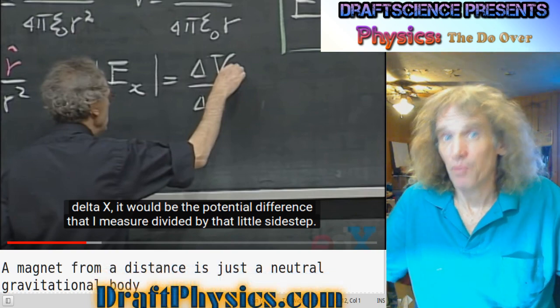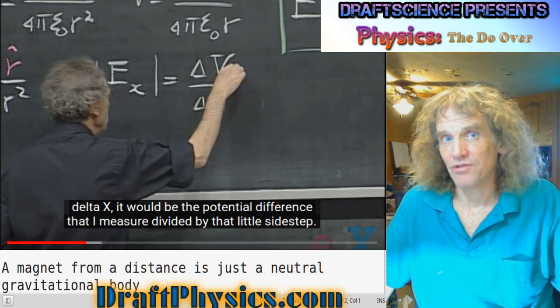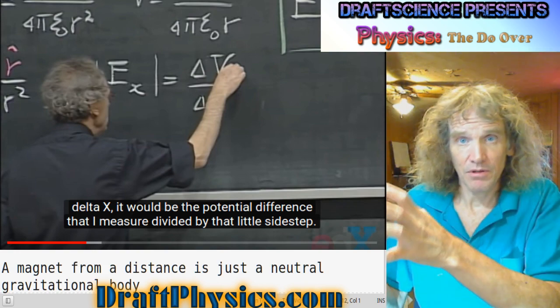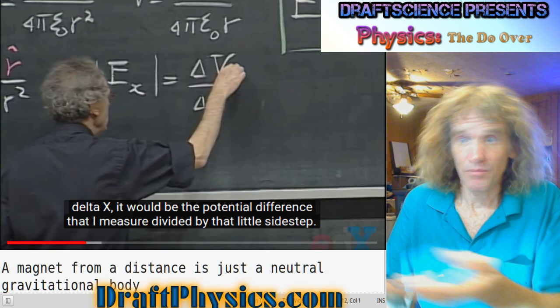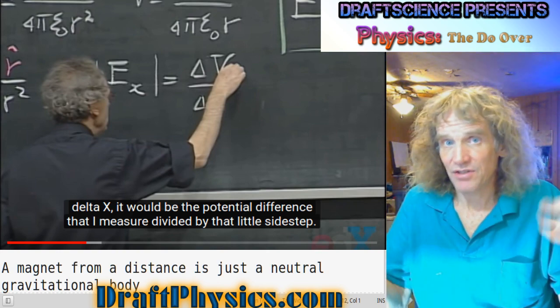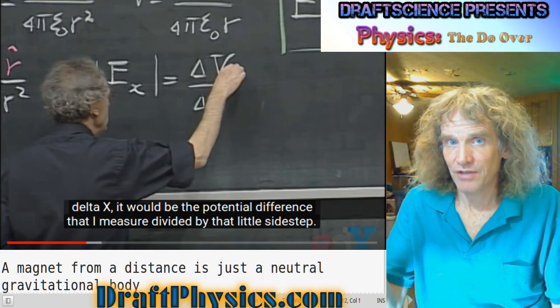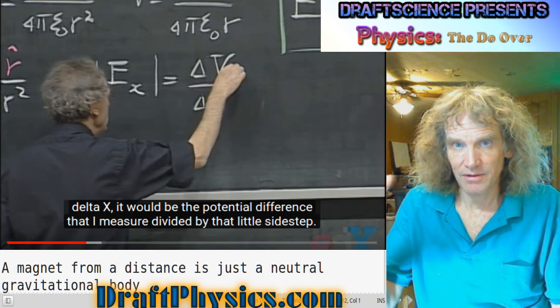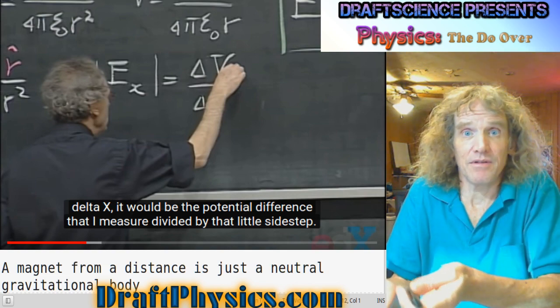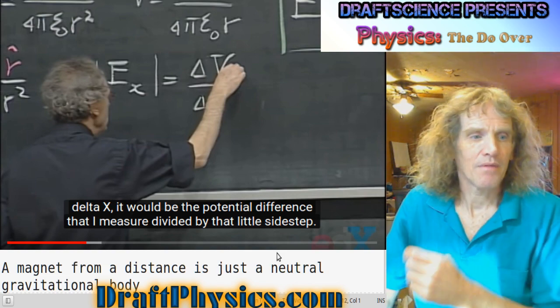It's created by any one of those three things. So it's being created by a Van de Graaff or a charged balloon or a magnet. One of those things is changing the field. But the change doesn't say I'm an electric change or I'm a magnetic change. The change is always just an amount of brown and red.